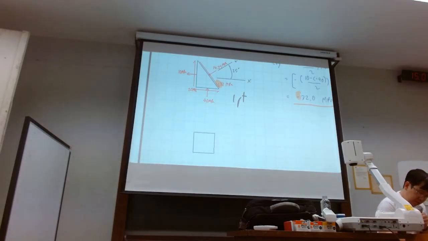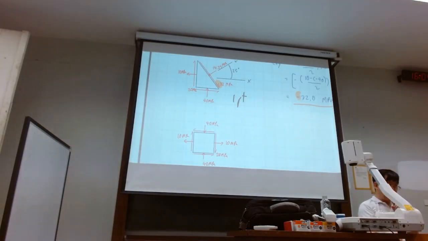It's actually this 40 MPa, this is 10 MPa, this is also 40, and this is 10 MPa. And this is your 20. The triangle actually gives us this initial stress element.